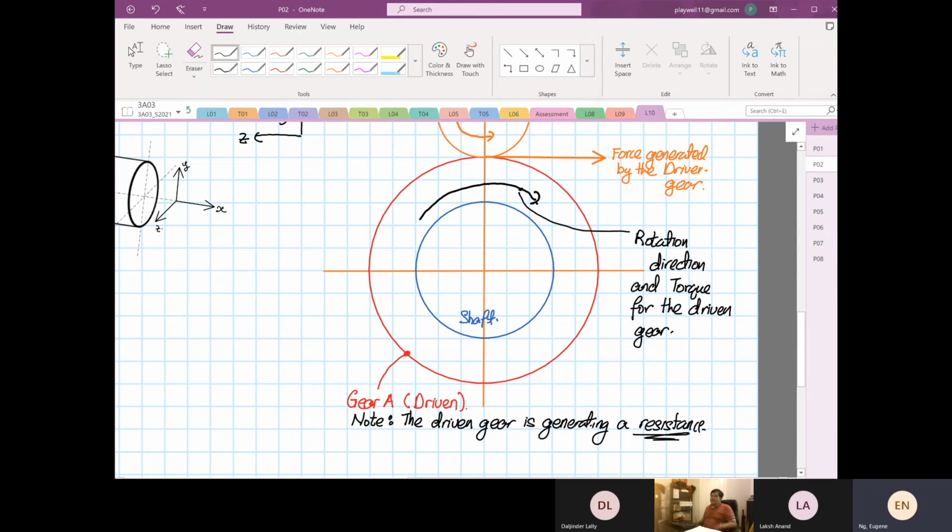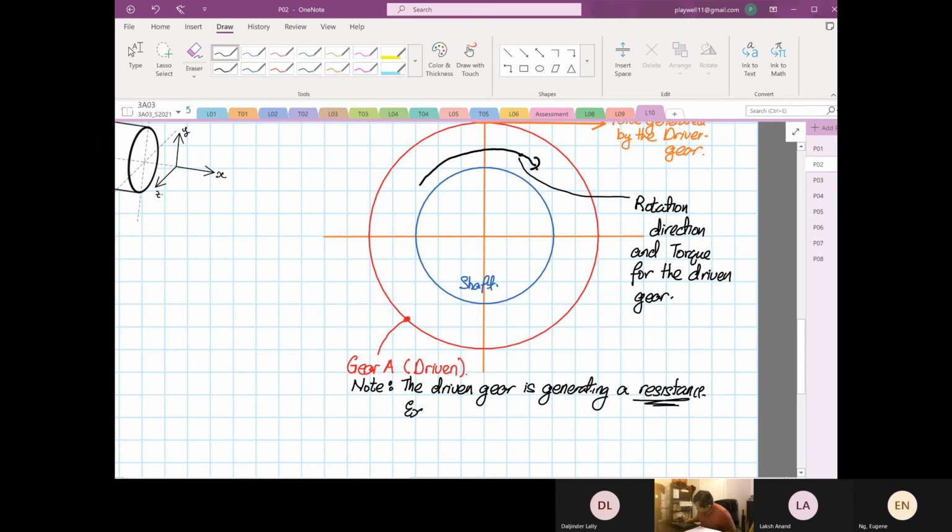It can be a load, for example, attached to a pulley system to lift a heavy weight.